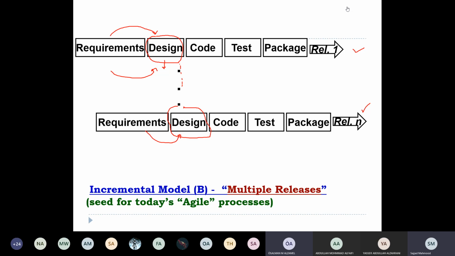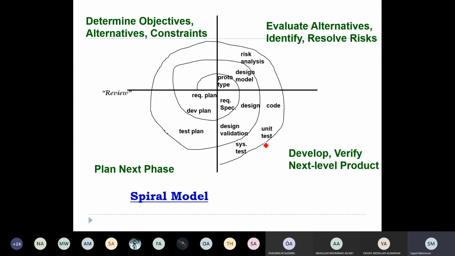Yes. Okay. So moving on, do you recall what's the spiral model? Anybody recalls that from your 205 days? The risk management, I think. Absolutely, absolutely.